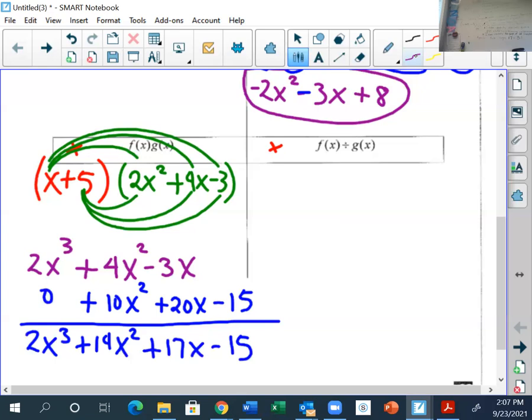So the division one is x plus 5 divided by 2x squared plus 4x minus 3. I'm just going to leave this as it is for right now.